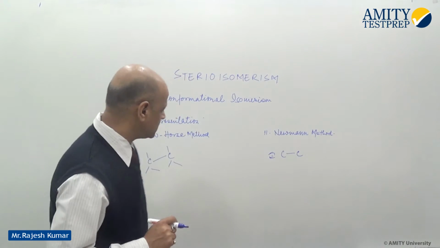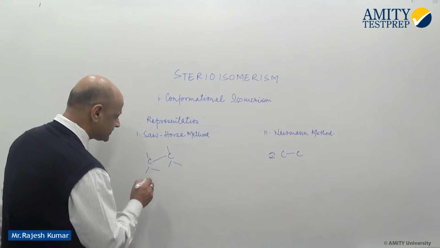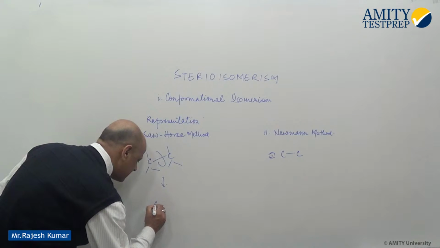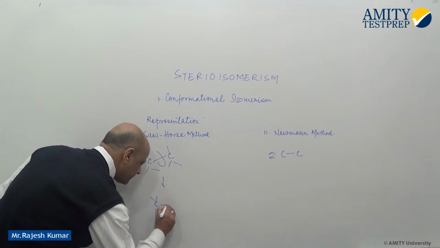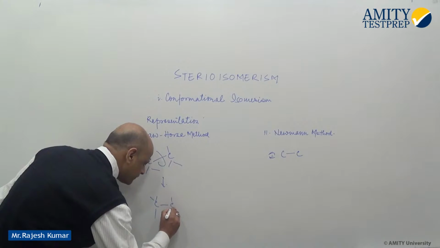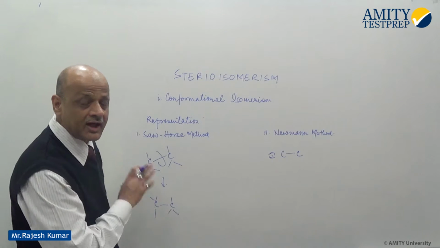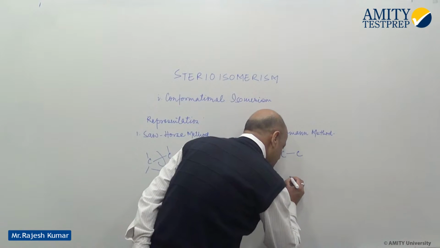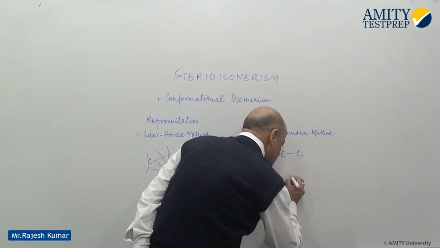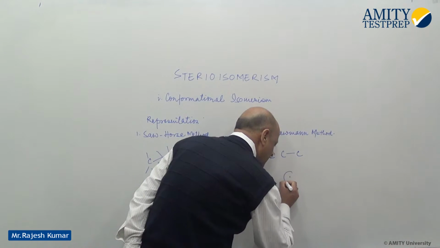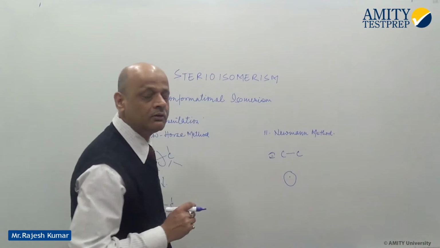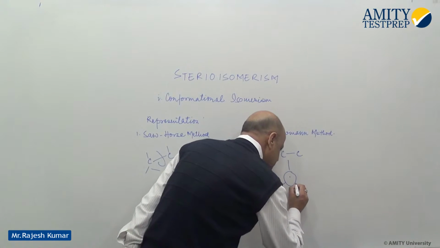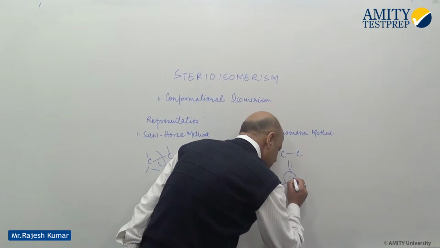If this rotation is caused this way, another structure could be formed this way. So due to rotation, the arrangement has changed. Here it can be viewed like this. This dot is your last carbon, and this circle is going to represent your front carbon. So it is going to be represented like this, and also like this.